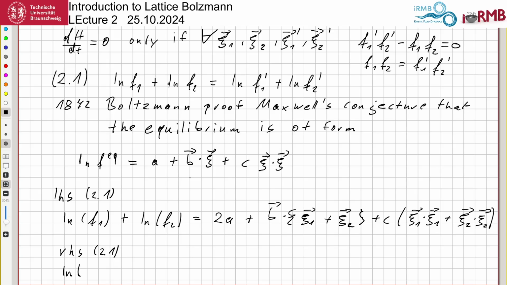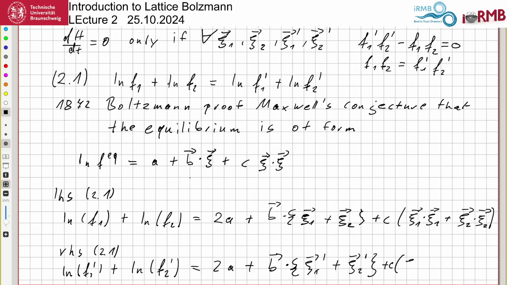So here we have ln f1 dash plus ln f2 dash plus 2a plus b, and everything here just the same with the dash, plus c, xi1 dash scalar product with itself plus xi2 dash with xi2 dash. Okay, so far so simple.